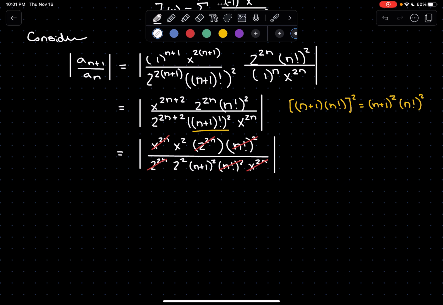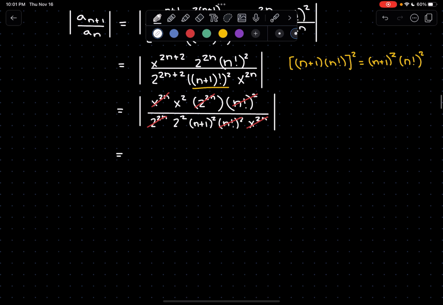So all I'm left with is what's in terms of n. I just have to leave the x in the absolute value, right? And do I? I don't think I even have to, right?